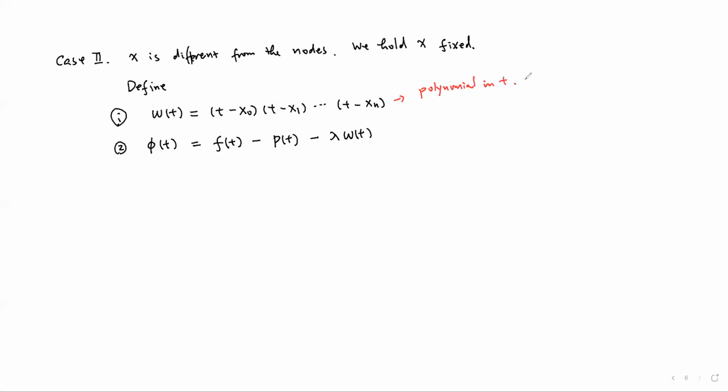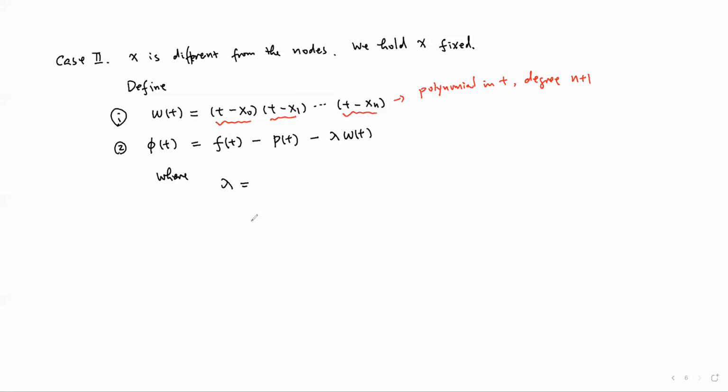What is the degree of this polynomial? How many factors? First factor, second factor, n plus one factors. So the degree is n plus one. Now, what is lambda?